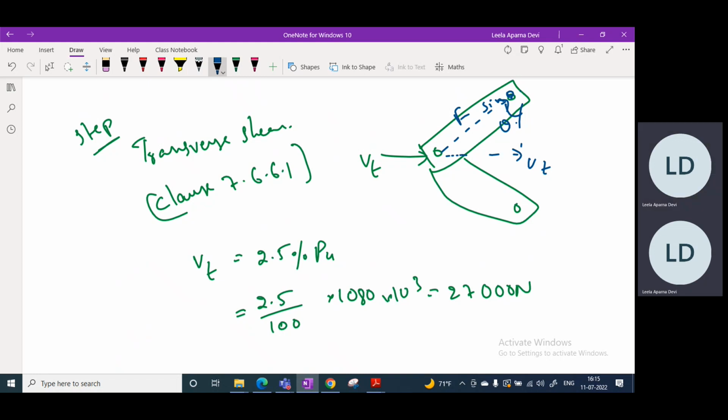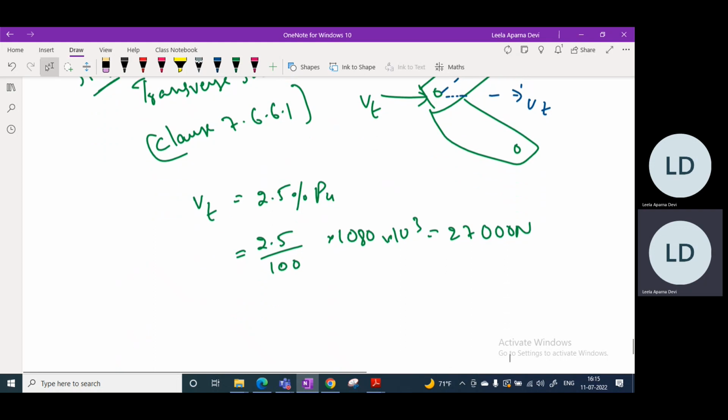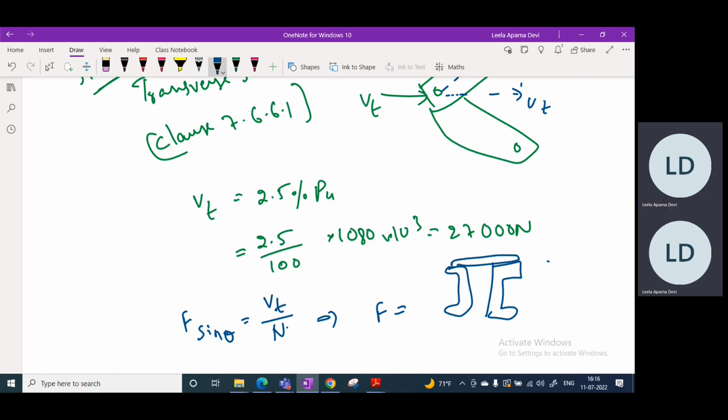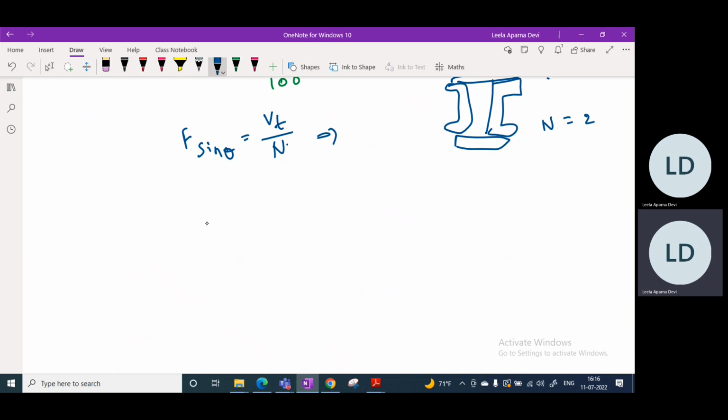From this I am writing F sine theta equals Vt by N. As for these two channel sections, we are placing the lacings on two sides, so we can take N as 2. So now F equals Vt by N sine theta.